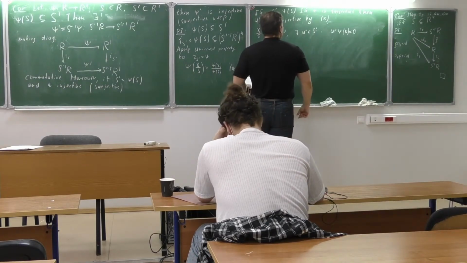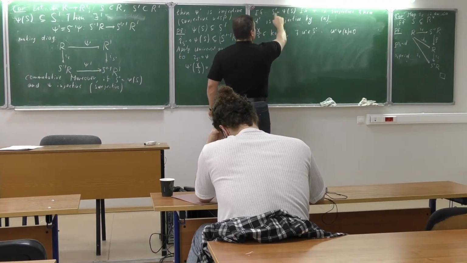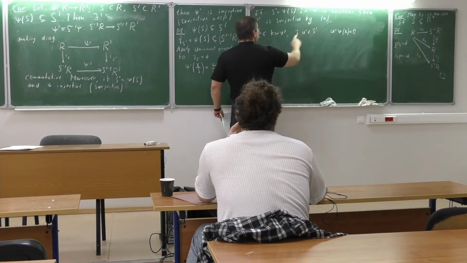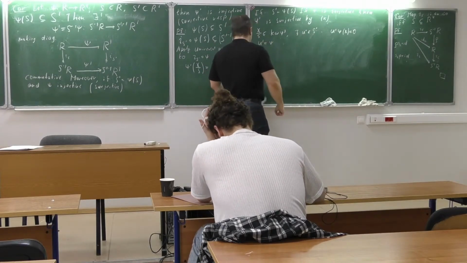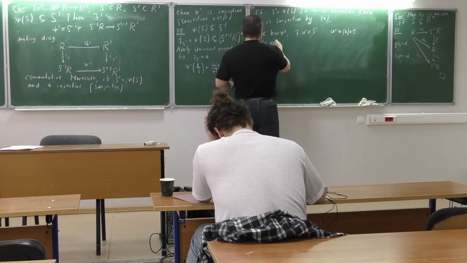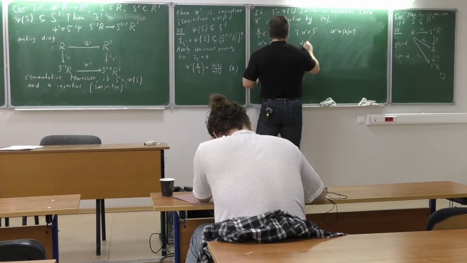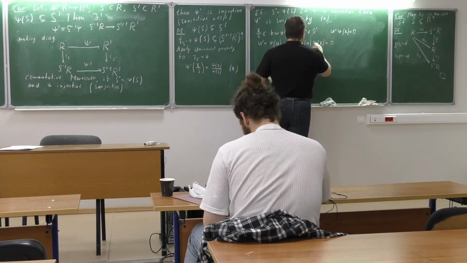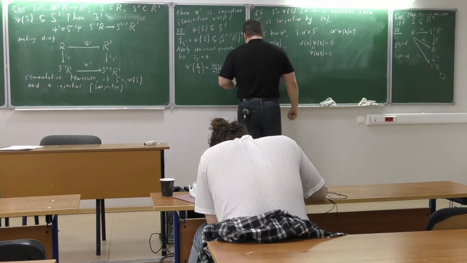Now we're going to use that psi is a surjective map on the multiplicative sets. So if this u prime is in s prime, this means that u prime can be written as psi of something, so let's call this psi of u. Then we have psi of u times psi of x is equal to 0, but this is the same thing as psi of ux is equal to 0.